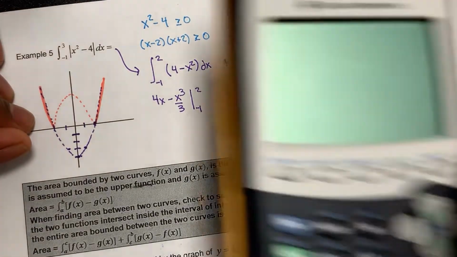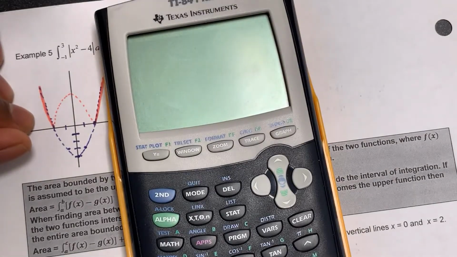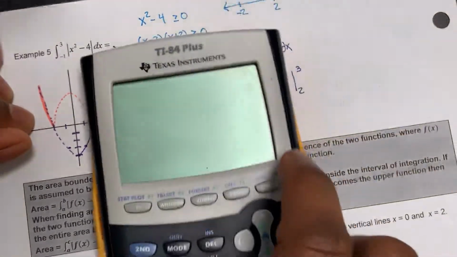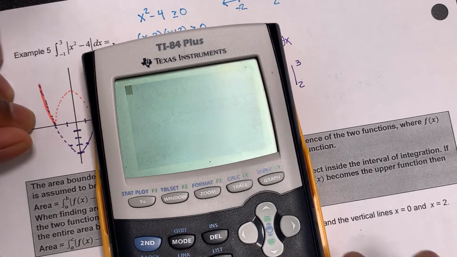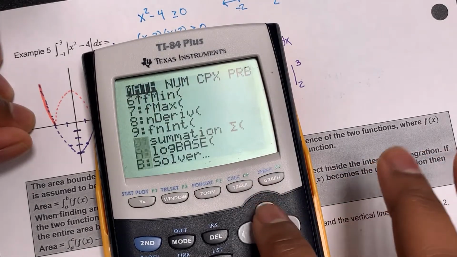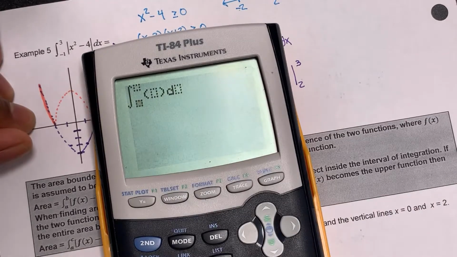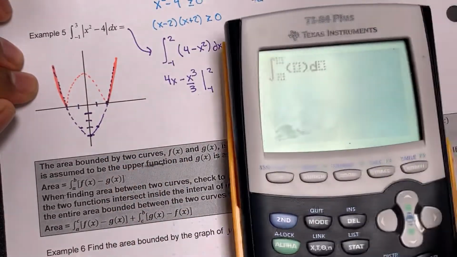So let's just take the shortcut here so we don't have to do the work by hand. Math 9. So we have two different integrals.